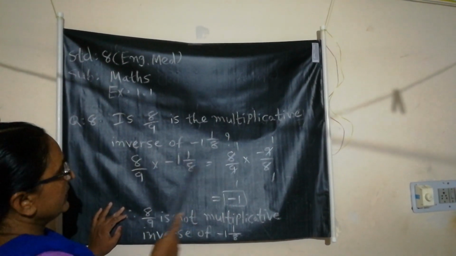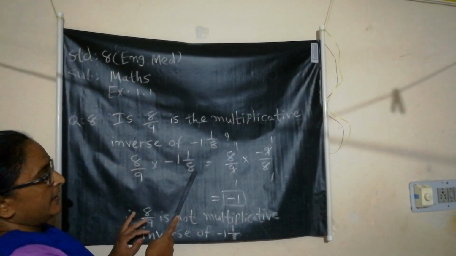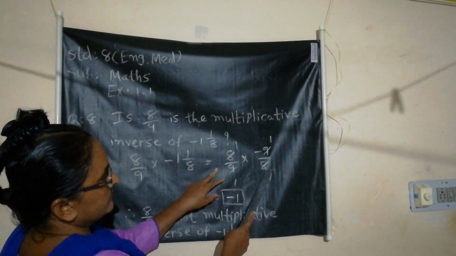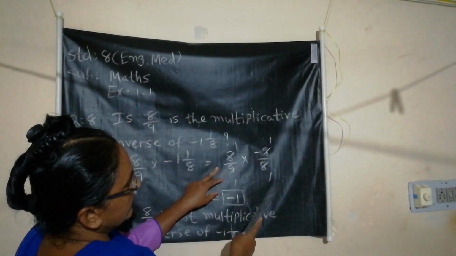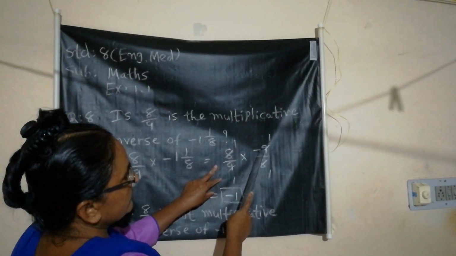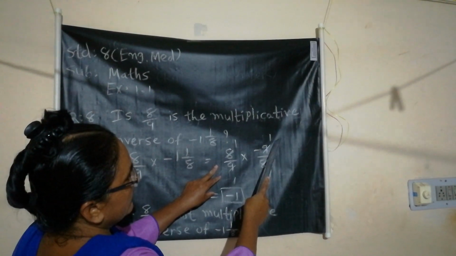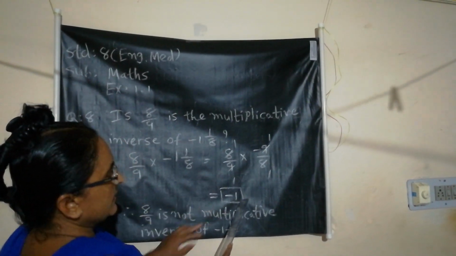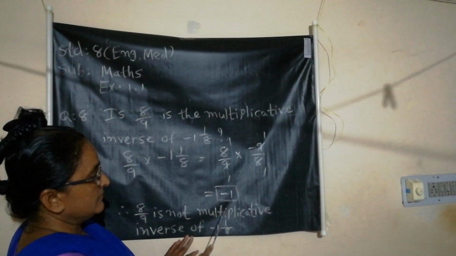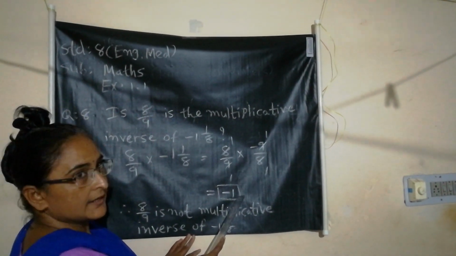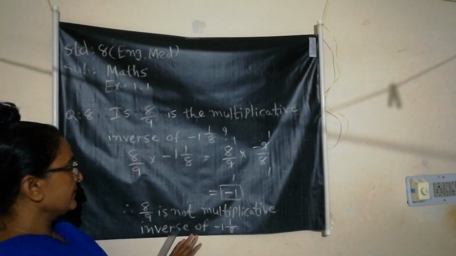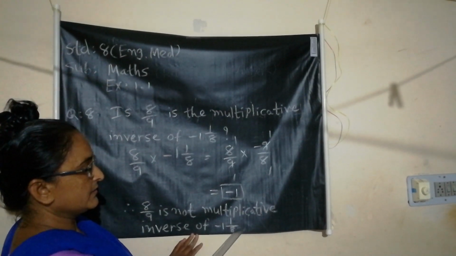It means 8 upon 9 multiply 8 ones are 8 plus 1, negative 9 upon 8. Now we cut: 8 ones are 8, 9 ones are 9. Here the sign is negative. 1 into negative 1 means negative 1 is the answer. Here we do not get 1 as the answer but we get negative 1. Therefore, we can say that 8 upon 9 is not the multiplicative inverse of negative 1 integer 1 upon 8.